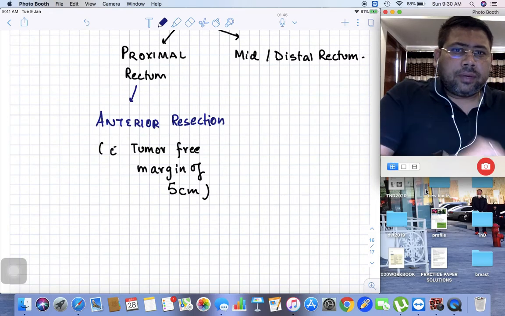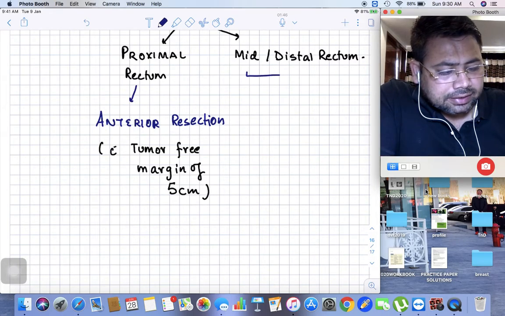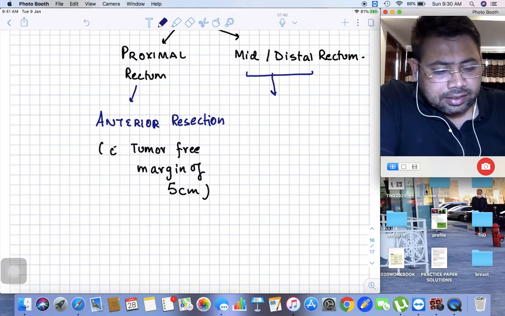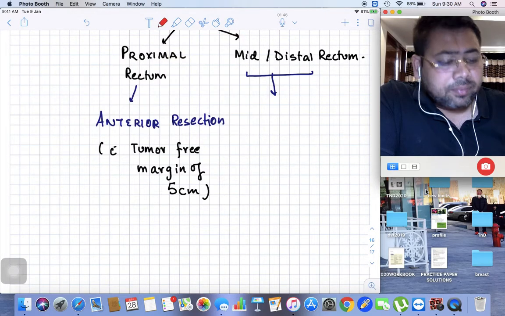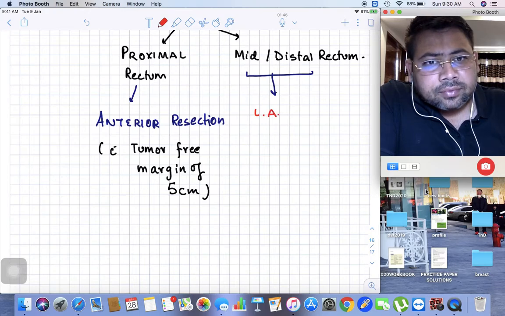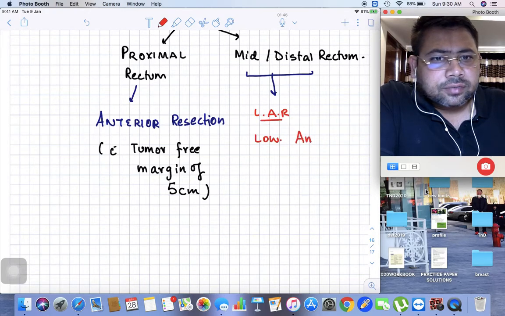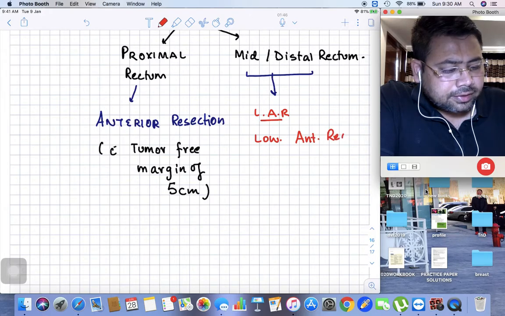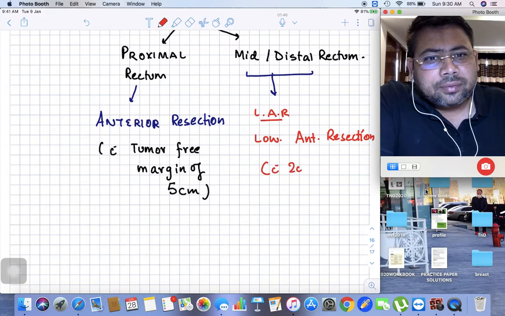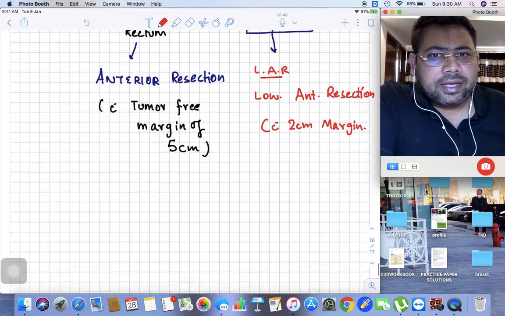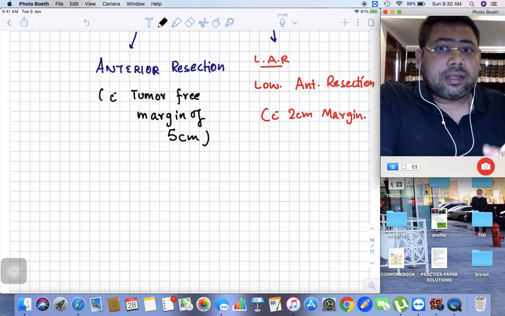For mid and distal rectal cancers the treatment is different, and the treatment is LAR. LAR stands for low anterior resection, and it is done with a 2 centimeter margin. I'll explain the basic concept of LAR versus AR.